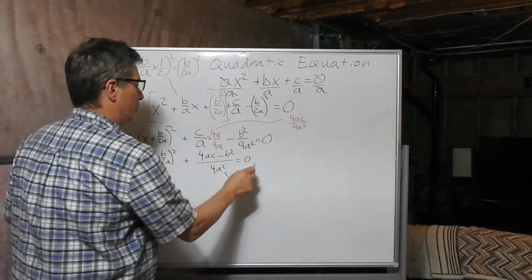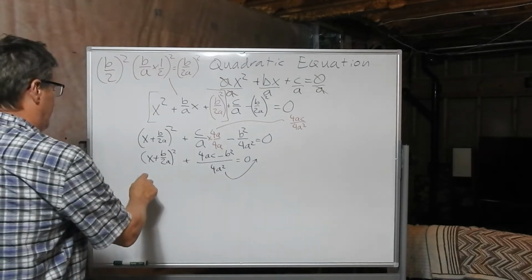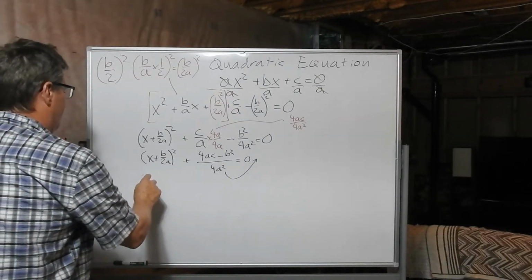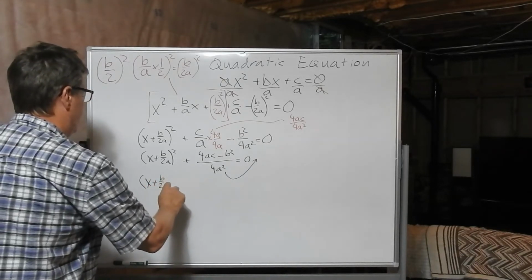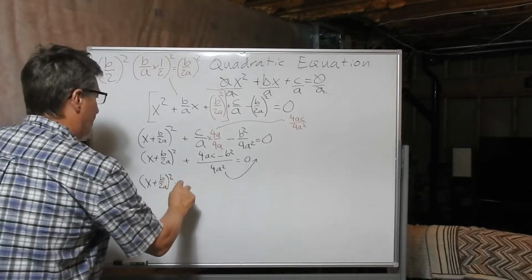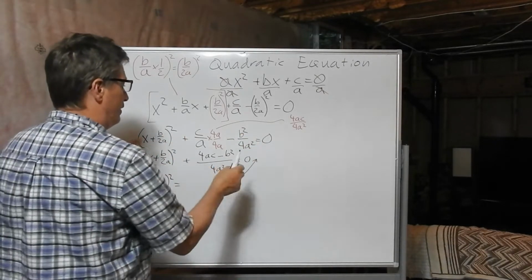So we'll bring this whole thing over to the other side. Again, x plus b over 2a, squared, equals, now when you bring it to the other side, the signs will change.